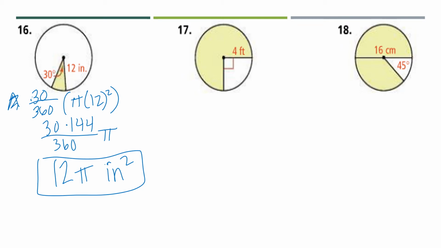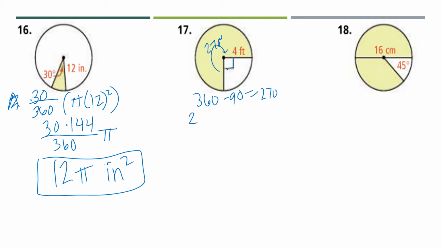Yeah, it looks a little weird because you have that pi there, but you still need to make sure that you put your units. For number 17, you know that a circle adds up to 360. They give us this value of 90 right here. So in order to find the rest, we need to do 360 minus 90, which is 270. So that means this whole thing here is 270 degrees.